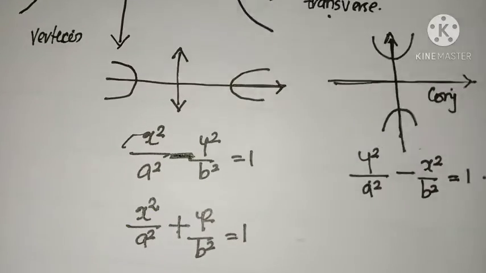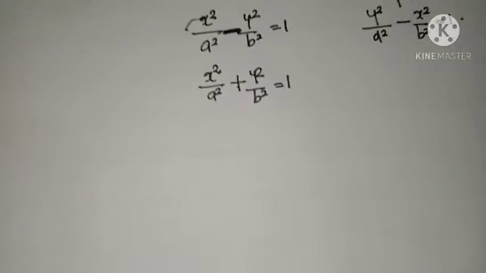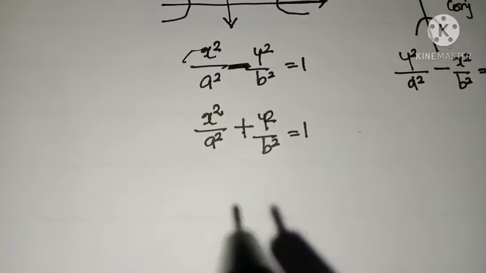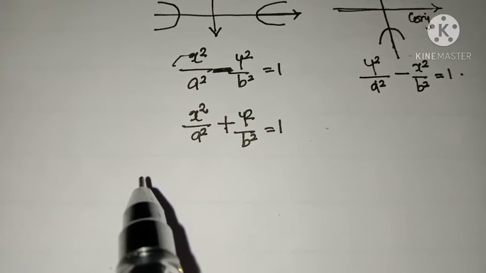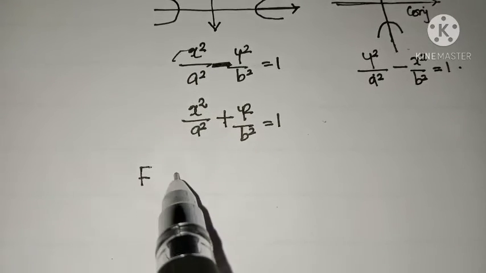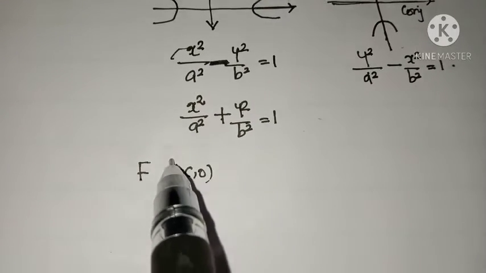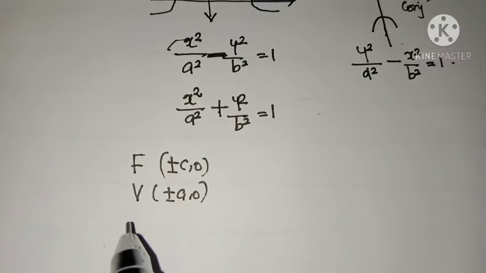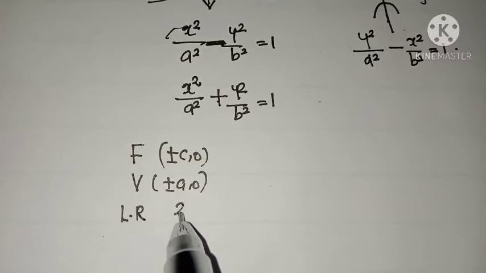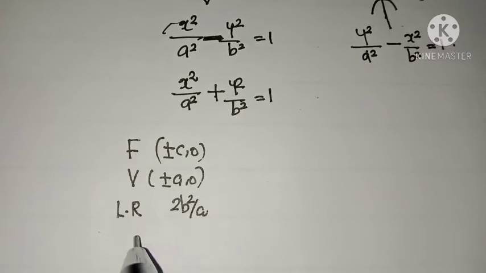Okay. And another thing: what are the foci, vertices, or major axis, minor axis of an ellipse? Yes, foci are plus or minus c, 0. Vertices are plus or minus a, 0. Then latus rectum is 2b square by a.